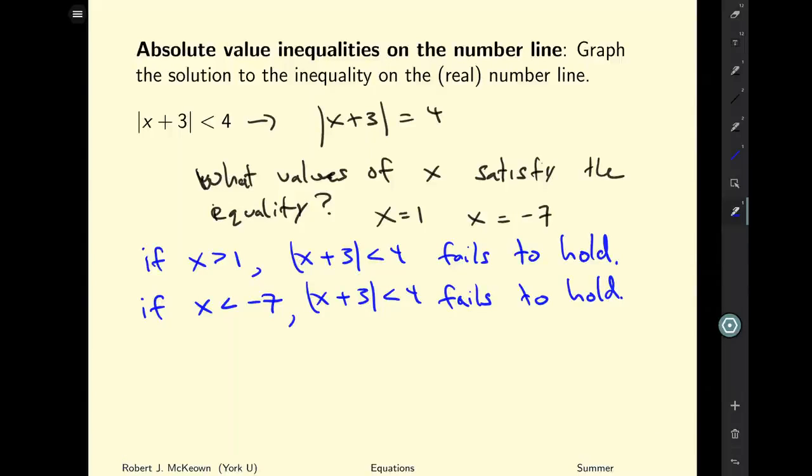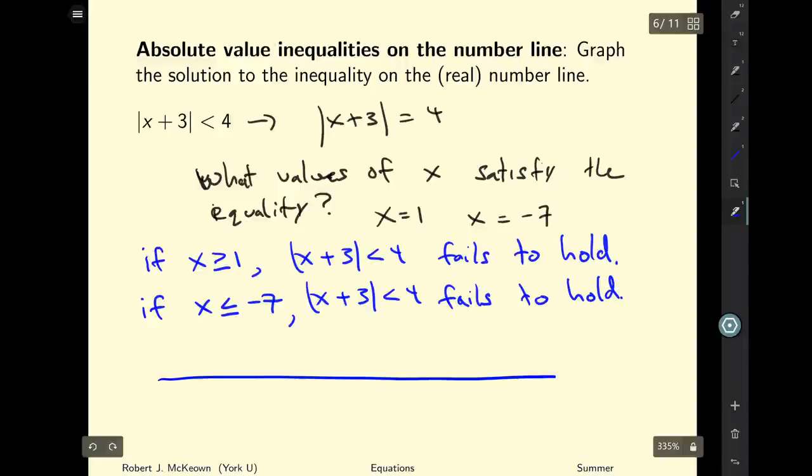I should also point out that the way I've written the x's is not entirely correct. x should be greater than or equal to 1, and x should be less than or equal to -7, because if x is actually equal to 1, this inequality doesn't hold, because it's a less than sign, not a less than or equal to sign.